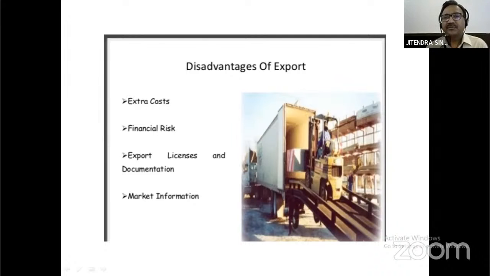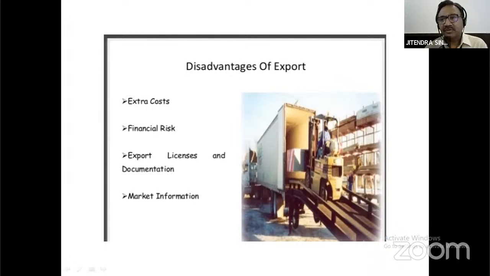So different types of cost are involved when we go for export, because we have to make a market for our product. We will definitely advertise our product, run certain publicity campaigns in that market, and make buyers aware about our product through any form of publicity and advertising. So for that, certain additional cost is required.